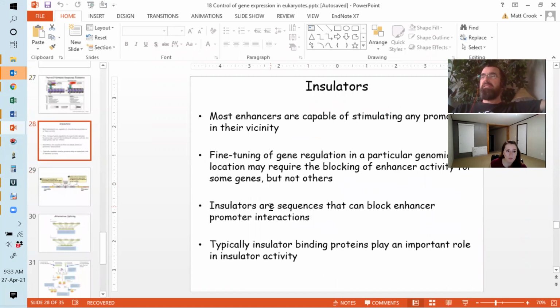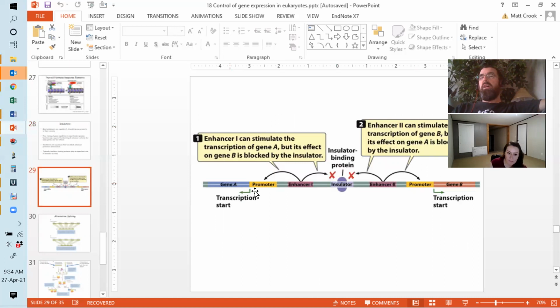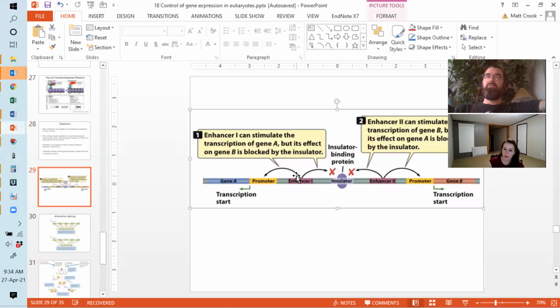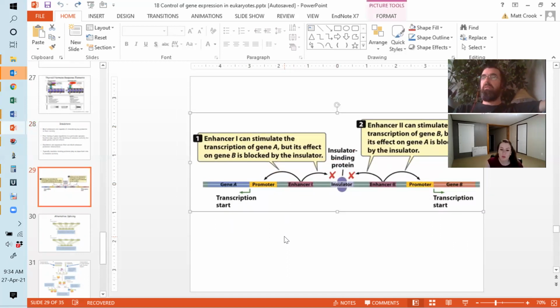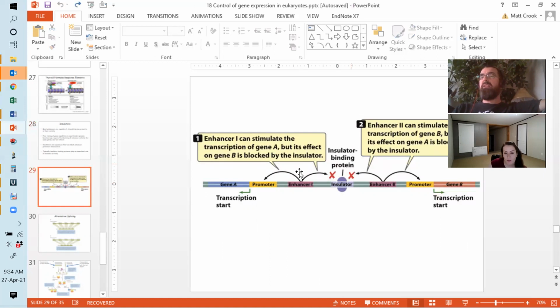And so that's what I'm talking about, insulators. You want to be able to insulate genes from each other, so that one gene is being activated by its enhancer, or proteins bound to its enhancer, but that enhancer or the proteins bound to it can't activate the promoter of a neighboring gene. Essentially it creates little walled gardens around genes.